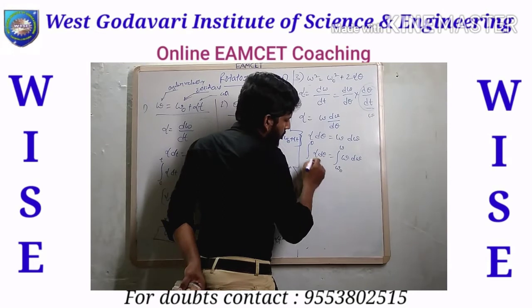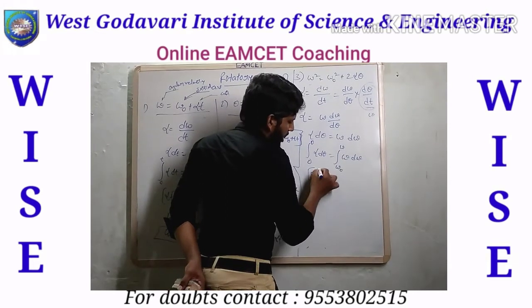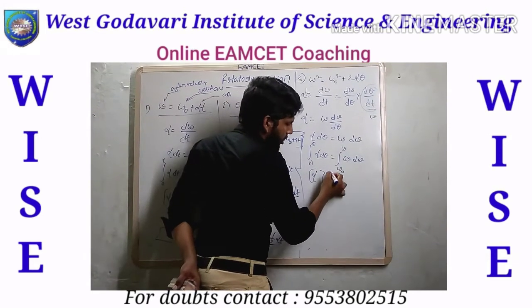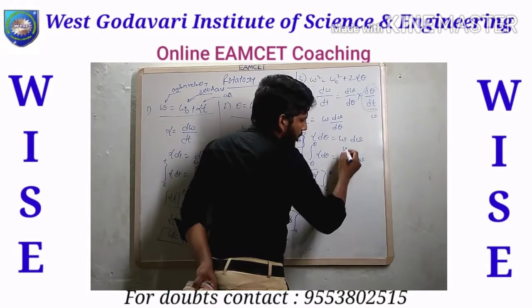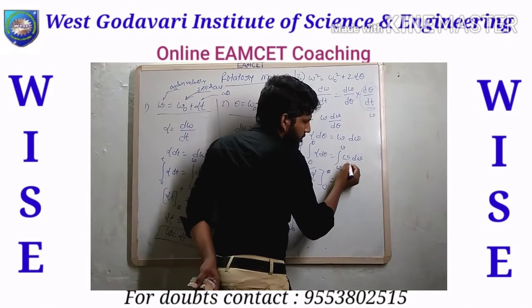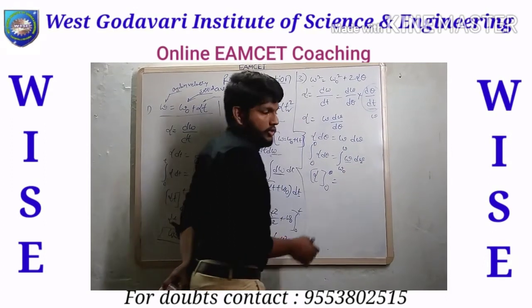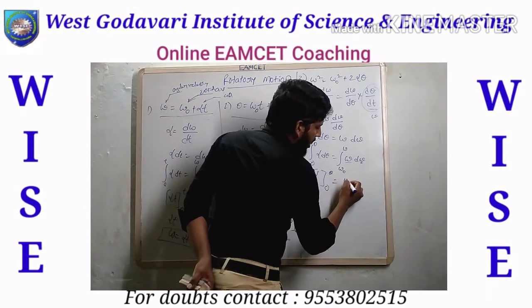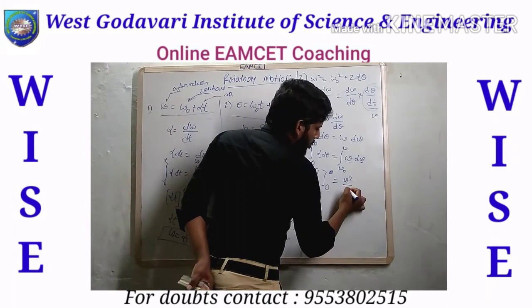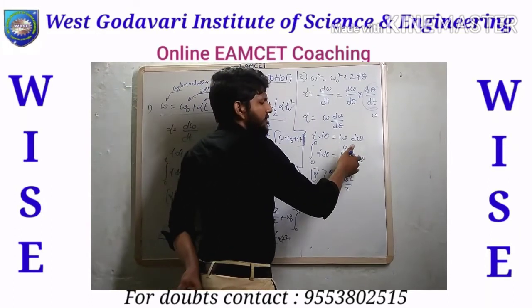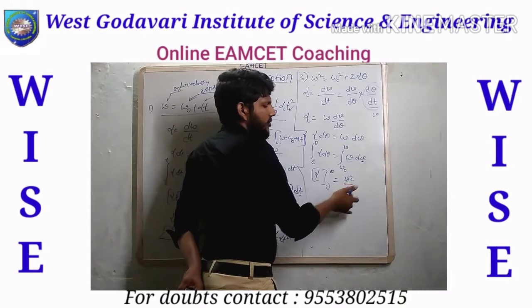Now integrate on both sides. We get α only, and substitute the limits θ to 0, and here we integrate with respect to omega. So we get ω²/2, since ∫x dx = x²/2.